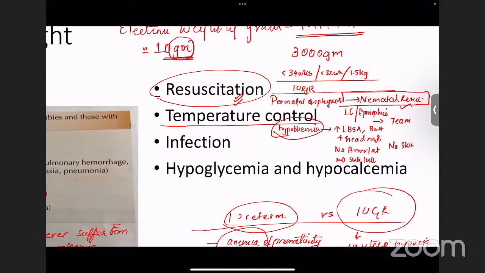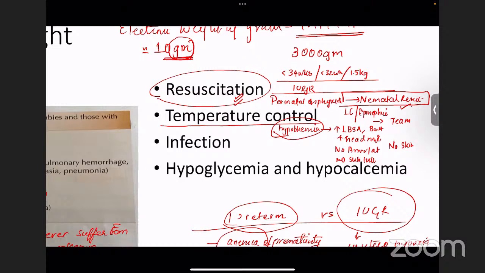You should always receive in a plastic bag, which is made specially for this kind of preterm, less than 32 weeks or less than 1.5 kg, or IUGR babies. And the radiant warmer may have a pre-warmed mattress. This is the most important: transport this baby in a neonatal incubator to the NICU or SNCU, whatever.